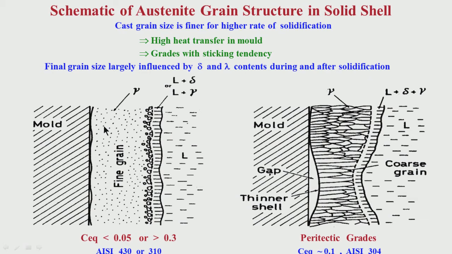If you can start that delta to gamma transformation at higher temperature just after solidification, you do not allow the delta grains to remain at high temperature for quite some time, then you have a relatively finer austenite grain size. Otherwise, if you have large austenite grains, then you have some difficulty.